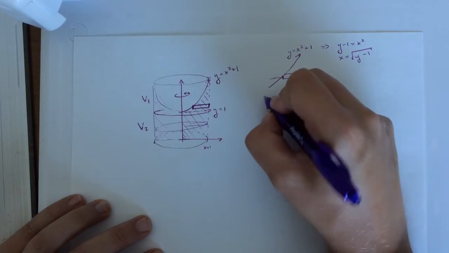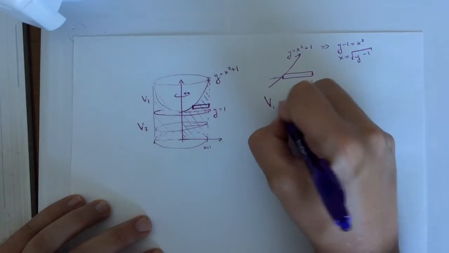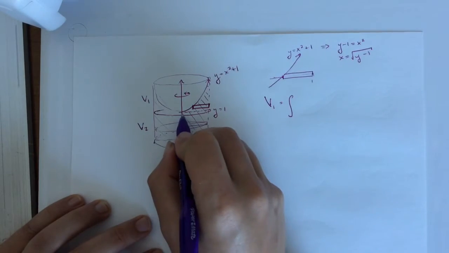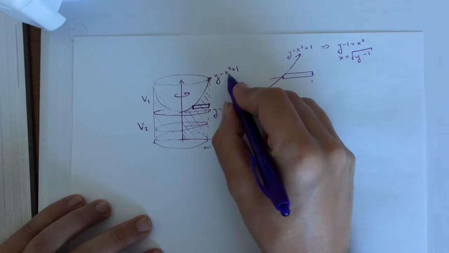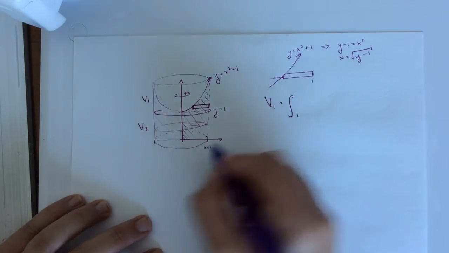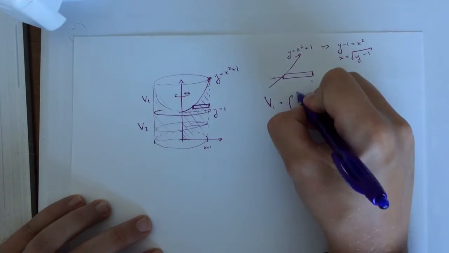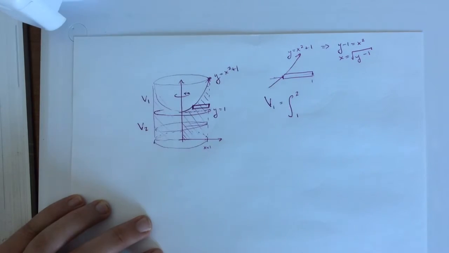And so for V1, I'm going to have the integral from 1 up to the place where x squared plus 1 intersects the line x equals 1, which is 2, right? If I plug in x equals 1, I get 2.